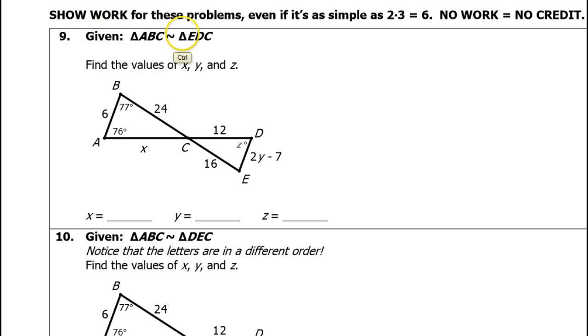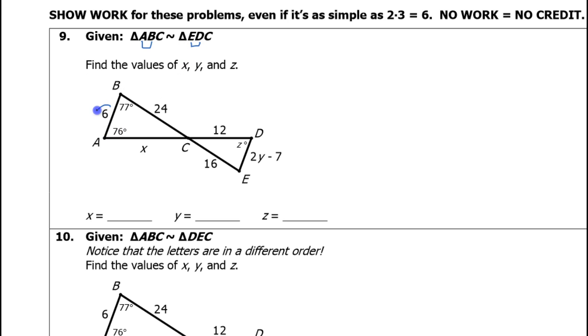Alright, in problem number 9, we are given a similarity statement. Let's use that to make sure that we can match up the corresponding sides properly. So, for example, we know that side AB should be corresponding to side ED.